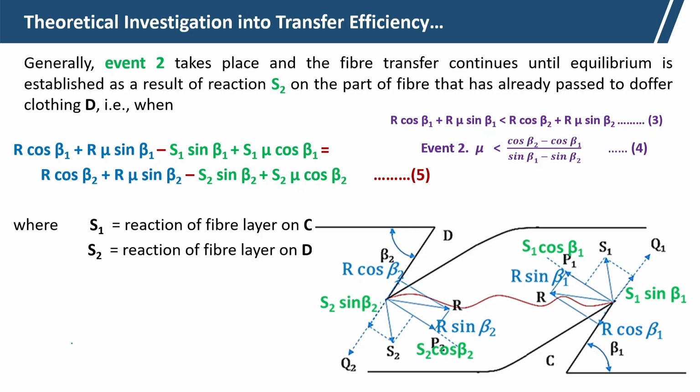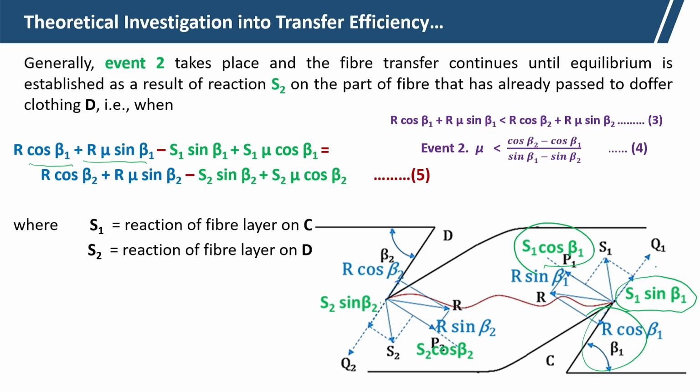So, fiber layer reaction here S1, if we again resolve S1 and S2, S1 has got two components: S1 sin beta 1 and S1 cos beta 1. Now, if you see here this R cos beta 1 and R sin beta 1, that is mu R sin beta 1, they are actually trying to hold the fiber.